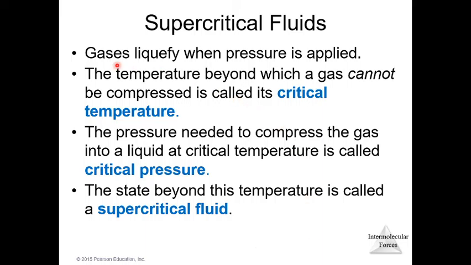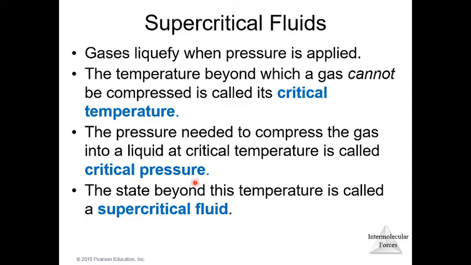But there will be a temperature where you can't do that. It can be so hot you cannot compress it to a liquid. That's called the critical temperature. If I'm right at the critical temperature and I want to turn that gas into a liquid by applying pressure, that's called my critical pressure. So critical temperature and critical pressure is the highest temperature and the highest pressure you need to compress a gas and turn it into a liquid.